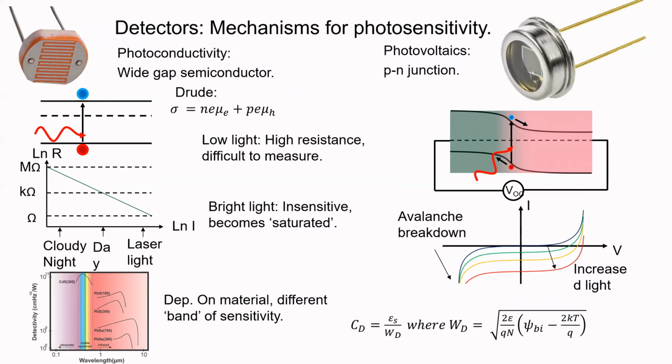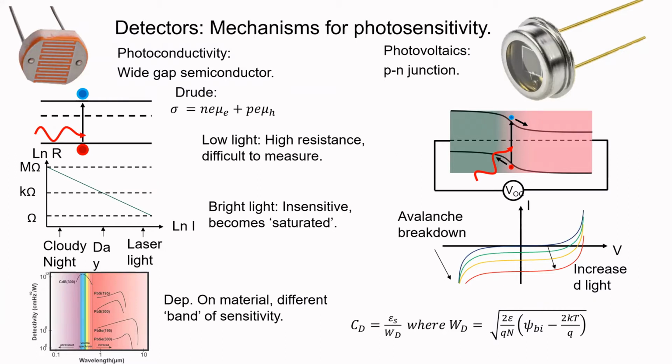So what you're doing is you're actually creating charge carriers in the semiconductor. And we know from things like the Drude model that the conductivity is then going to go as the sum of the number of electron-like carriers times their mobility, plus the number of hole-like charge carriers times their mobility.